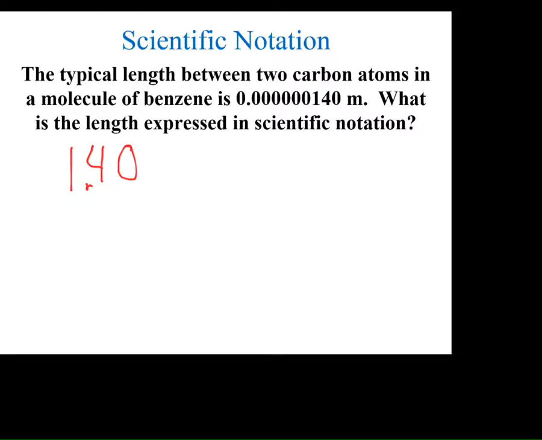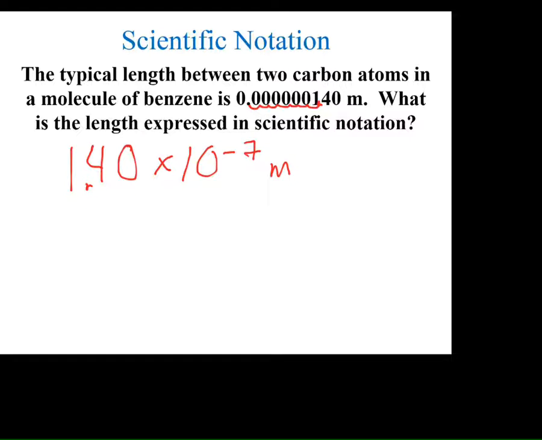How many times would I have to move it from here to after the 1? 7, right? Let's do it here. So 1, 2, 3, 4, 5, 6, 7. 7 times. So now, though, it's a small number, so it's 10 to the negative 7. Does that make sense?